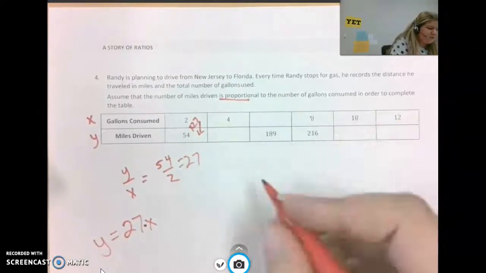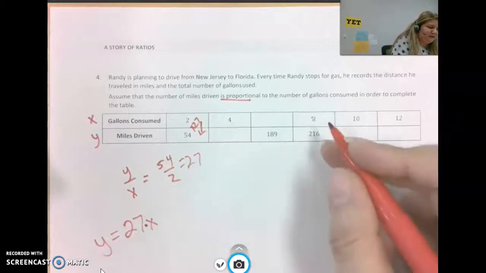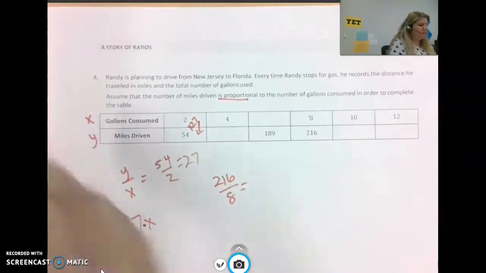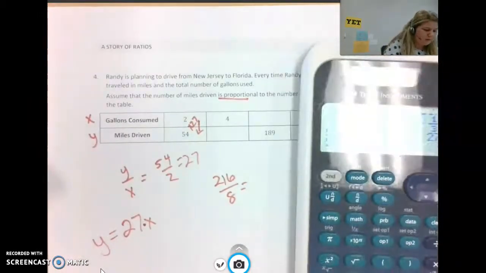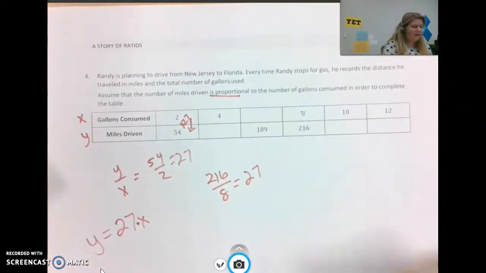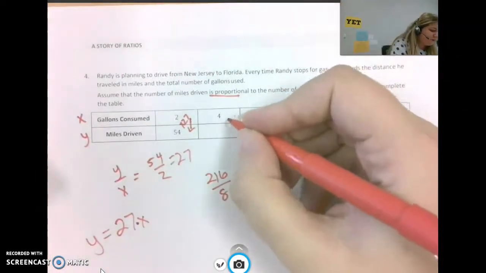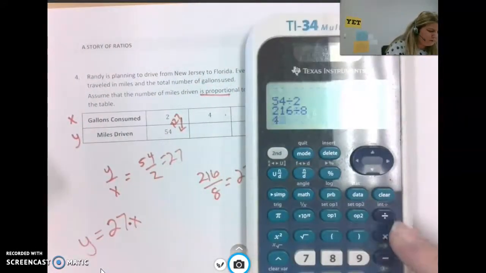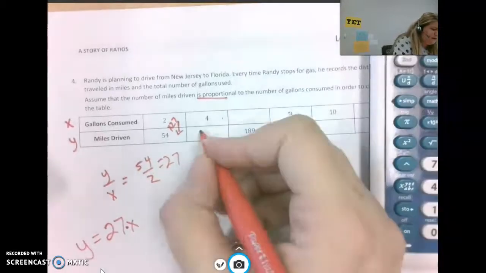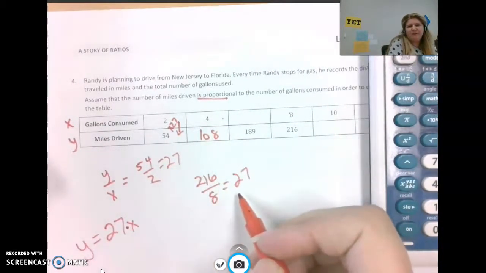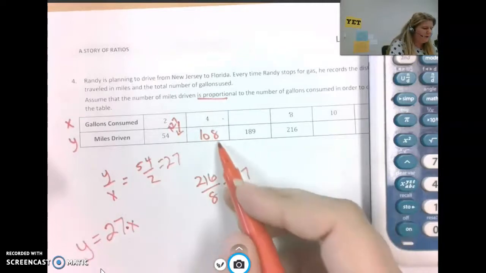Okay, and then I just want to double check that that is accurate, so I'm going to use 216 divided by 8. That's the only other one that I have both x and y. And that's also 27. It's just a good idea to double check. So I'm going to do 4 times 27. 4 times 27 is 108. So 27 miles per gallon, that's pretty good. Okay, and that makes sense.